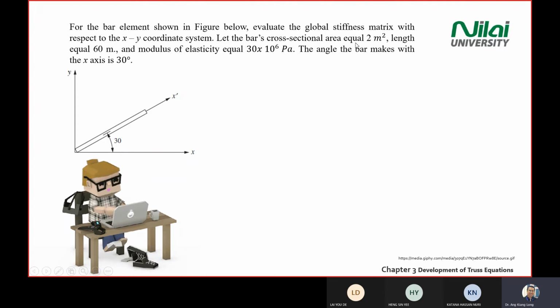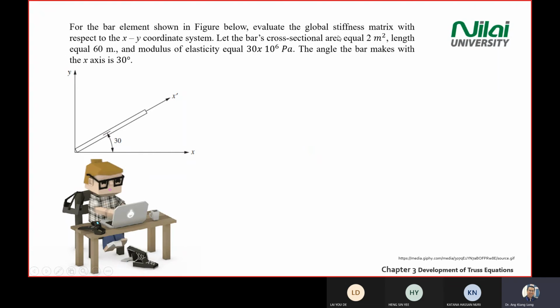Let the bar cross-section area A equal to 2 meters square, length L equal to 60 meters, modulus of elasticity E equal to 30 megapascal. The angle of the bar is marked as 30 degrees, like this.